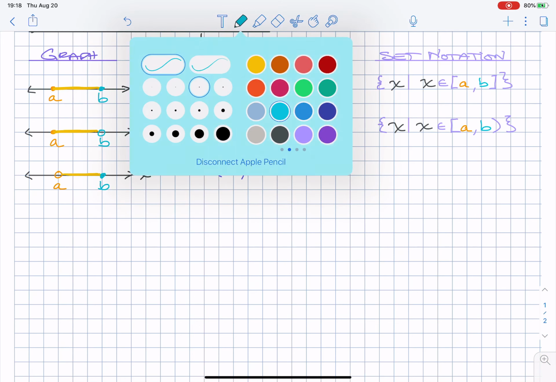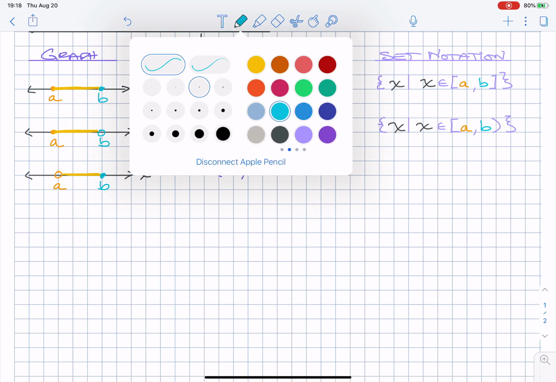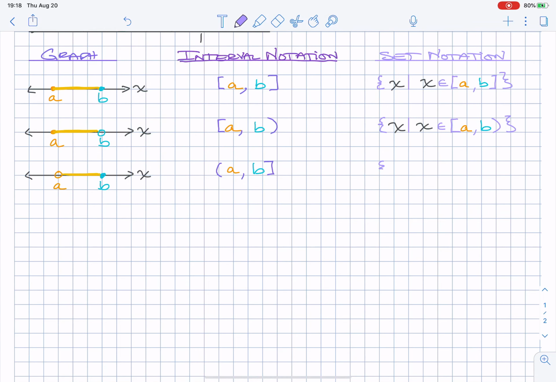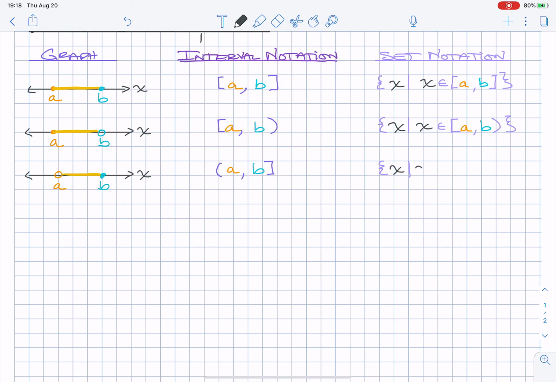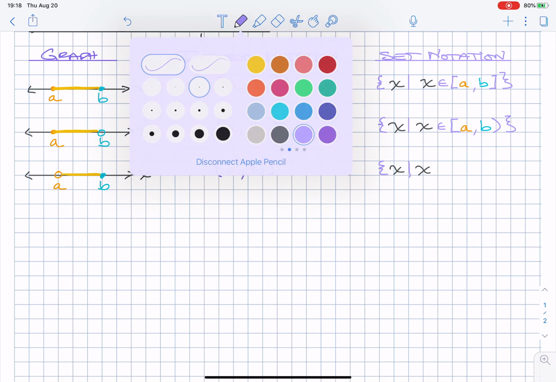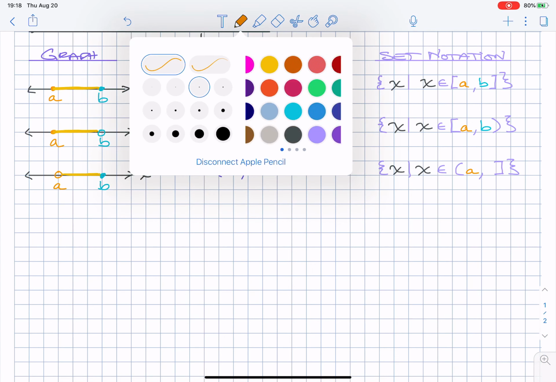I don't actually get to A, but I do get to B. Okay, so set notation will be the set of all values of x given that x is an element of the interval from A to B, not including A, but including B. So a square bracket when I include.